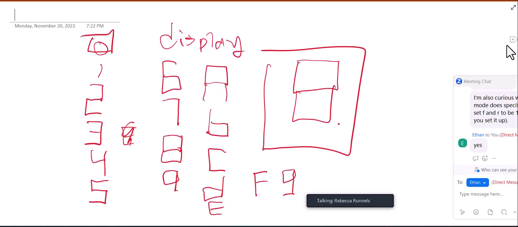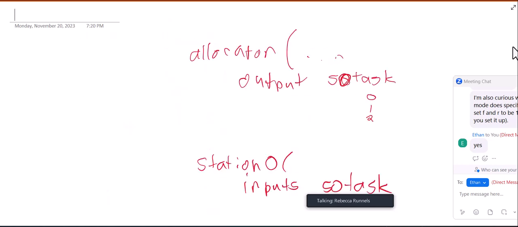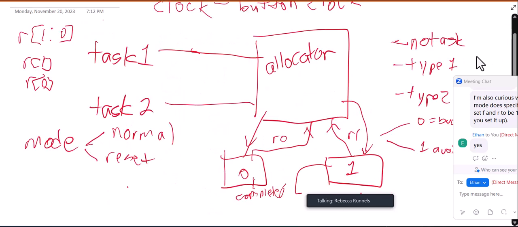All right, so now going back, that reminds me about one more thing we didn't include, which is one more output for the allocator. The allocator also has an output of F, because some of these tasks take more than one clock cycle. If the station is busy and the allocator is not able to assign one of the tasks, it's just supposed to output, hey, I couldn't assign something.